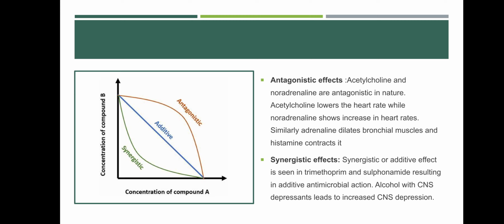Alcohol will be the A drug, CNS depressants will be the B drug. So A plus B leads to the same action but in an increased amount, with more activity.